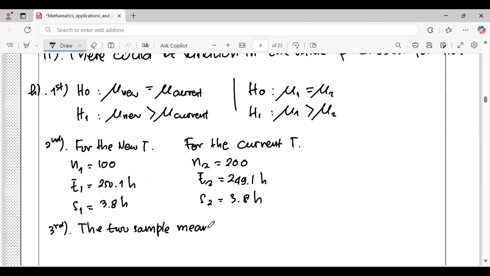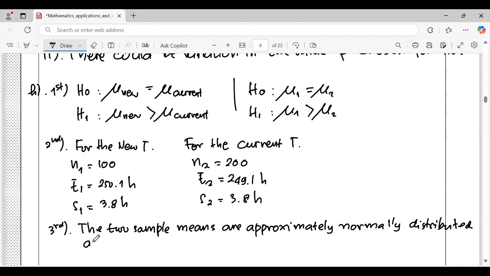The two sample means are approximately normally distributed, and the sample standard deviations are known to be equal.